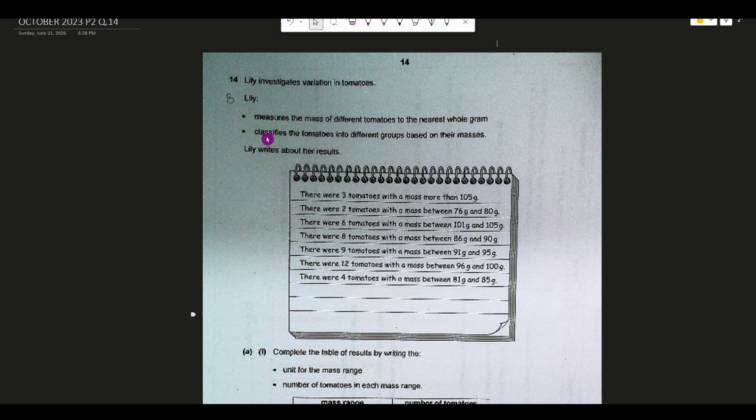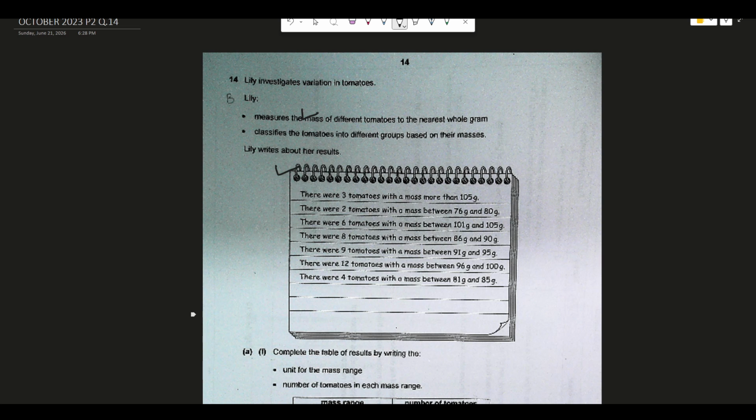Further, she classifies the tomatoes into different groups based on their masses. Now Lily writes down the result, and the result is given over here, right?